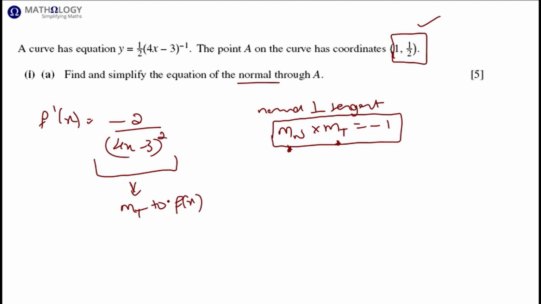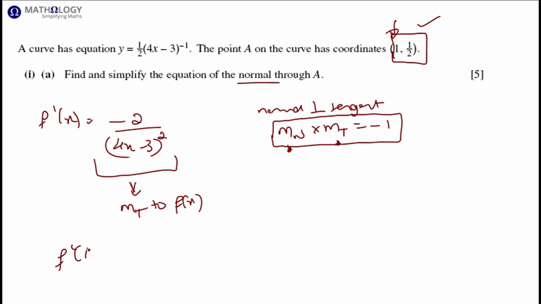Now, to find the value of a specific gradient of a specific tangent, we are going to substitute the point A in. We only need the x value, x equals 1, because that is the point of contact between the curve and the tangent.